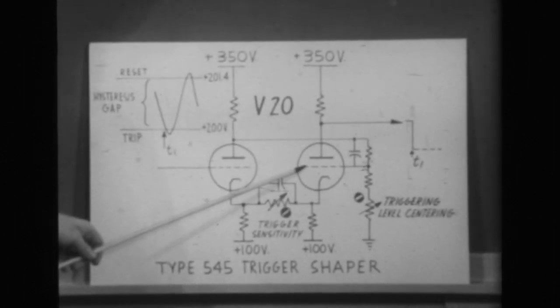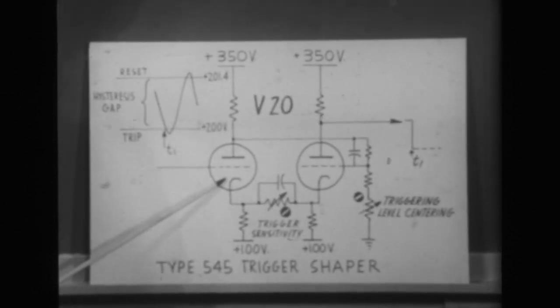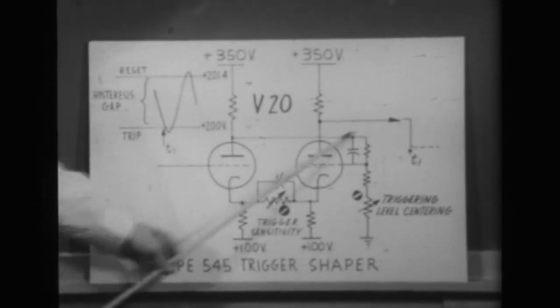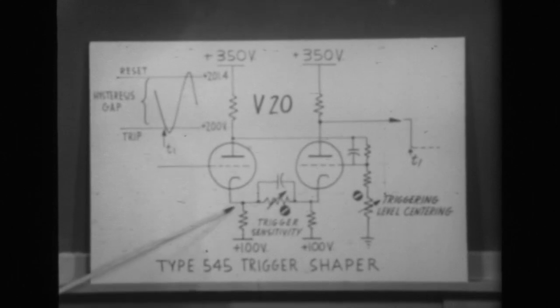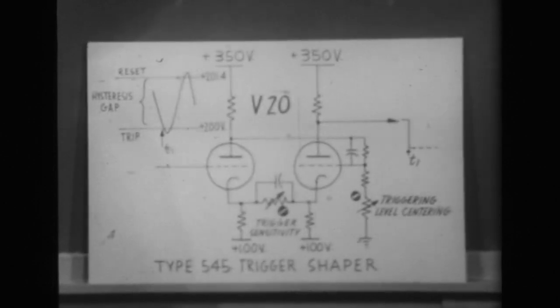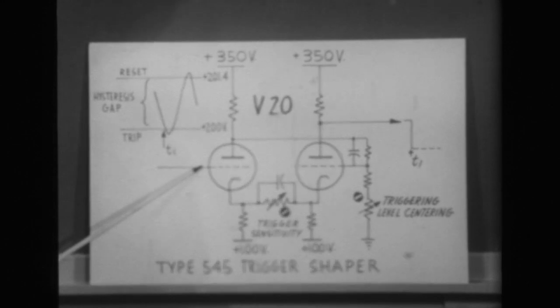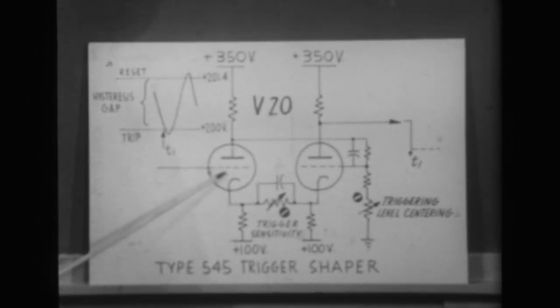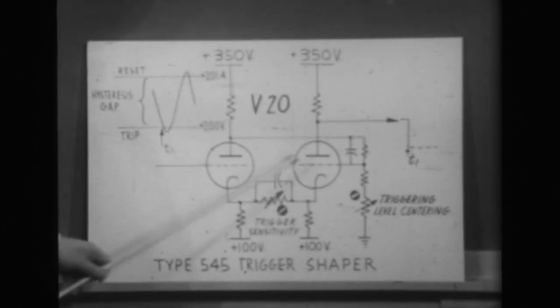Eventually, the right tube will begin to conduct a little bit of current, and at that time the multivibrator snaps over, and the feedback path goes from this grid to that plate, around through the divider network to this grid, through the cathode circuit, and back to the original grid from which we started. This is a positive feedback loop, therefore the circuit is a multivibrator, and we will have a snap action taking place in which current which has been flowing in this tube now ceases to flow, and current begins to flow in the right-hand tube.